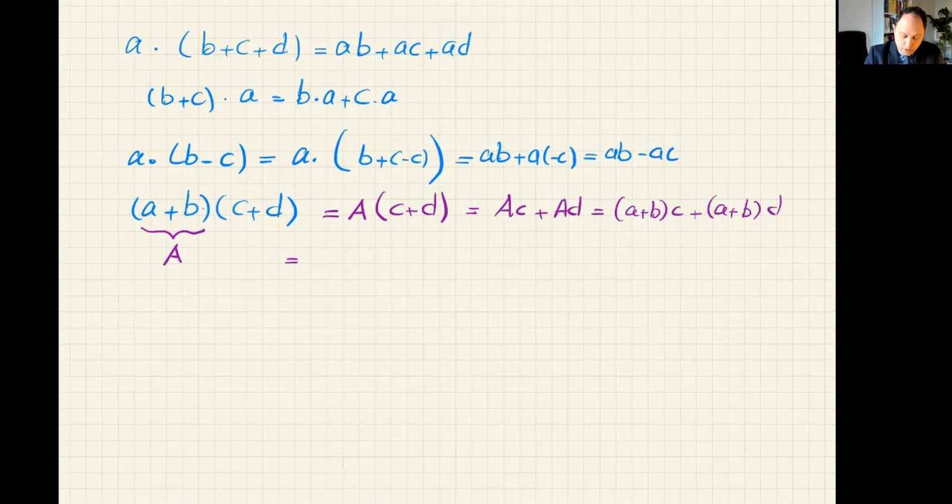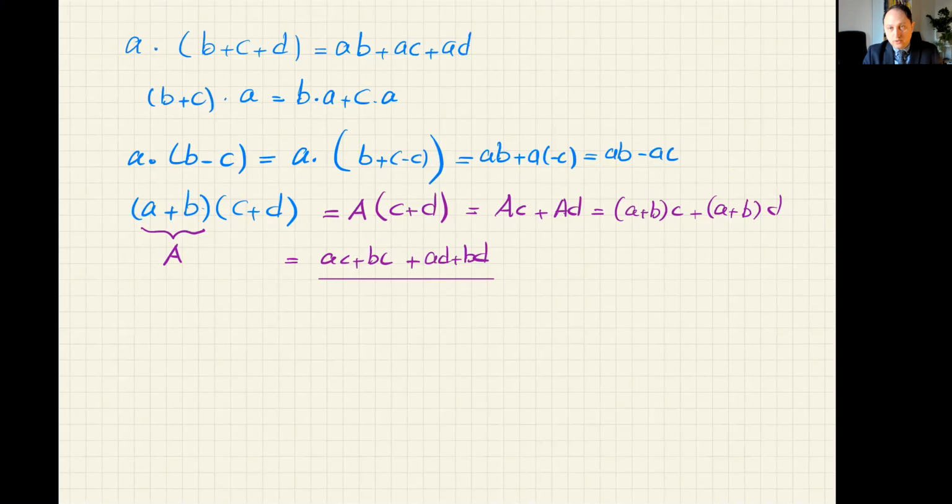Then it becomes AC plus BC. I am taking this and multiplying it here, and then I will take this one, multiply it here, multiply it there. So then it becomes plus AD plus BD. But I expect you to be able to write the final answer immediately without going through this procedure.